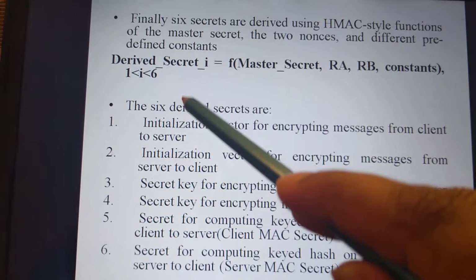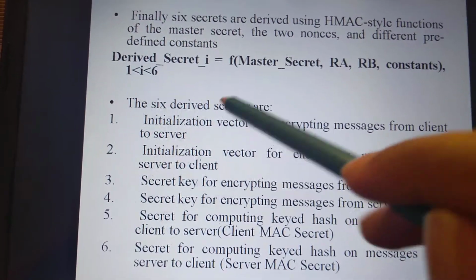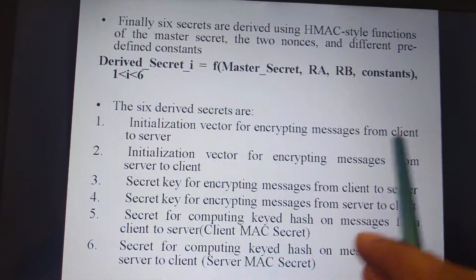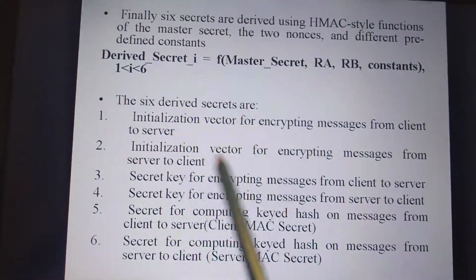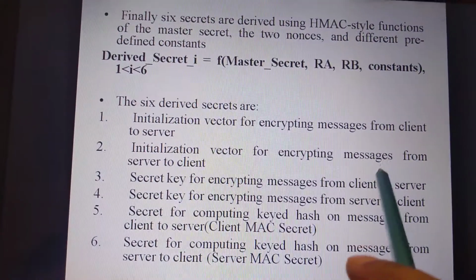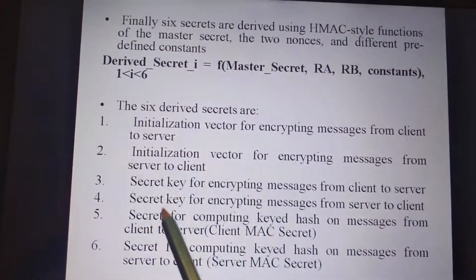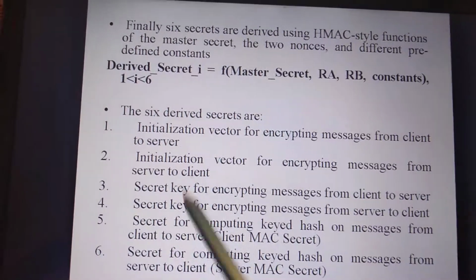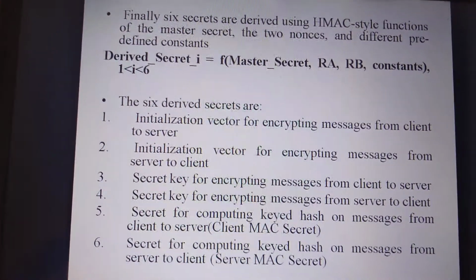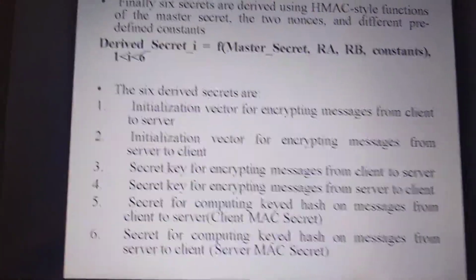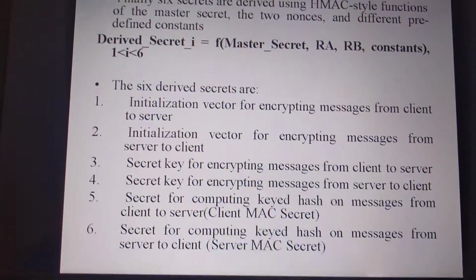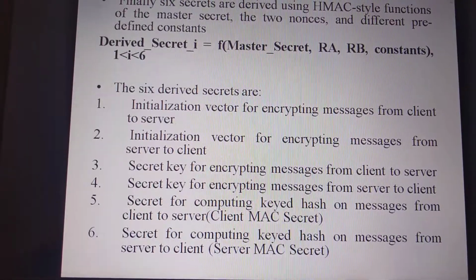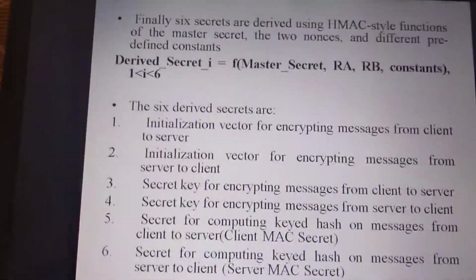These six derived secrets are: the initialization vector for encrypting messages from client to server, the initialization vector for encrypting messages from server to client, the secret key for encrypting messages from client to server, the secret key for encrypting messages from server to client, the secret for computing keyed hash on messages from client to server, and the secret for computing keyed hash on messages from server to client.